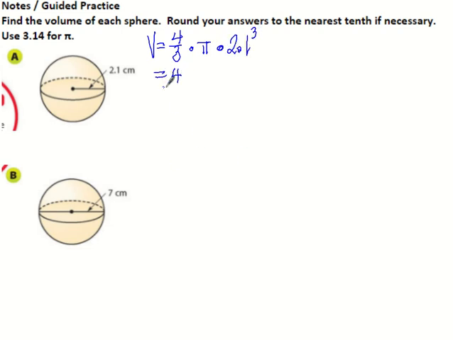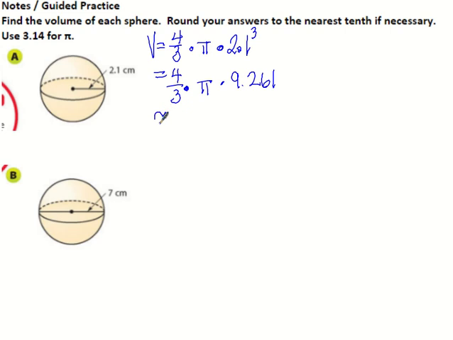So 4/3 times pi times, getting my calculator out, hold on, 2.1 cubed, 9.261.